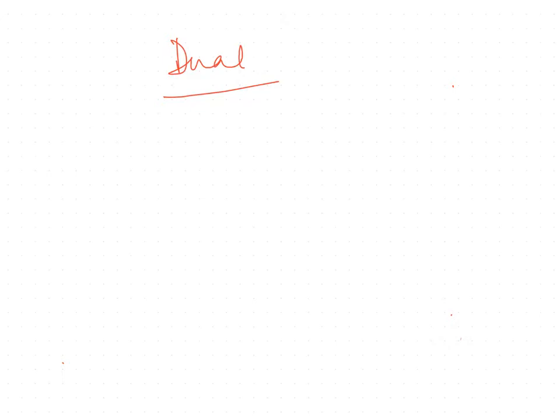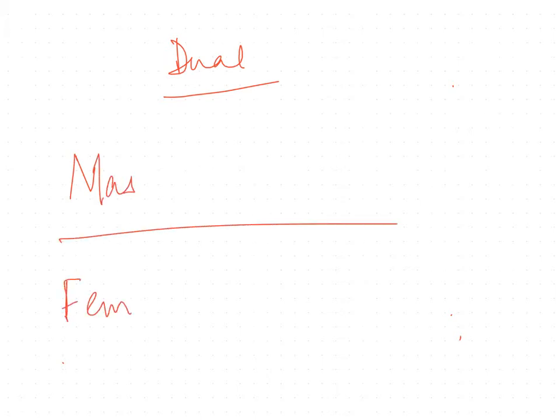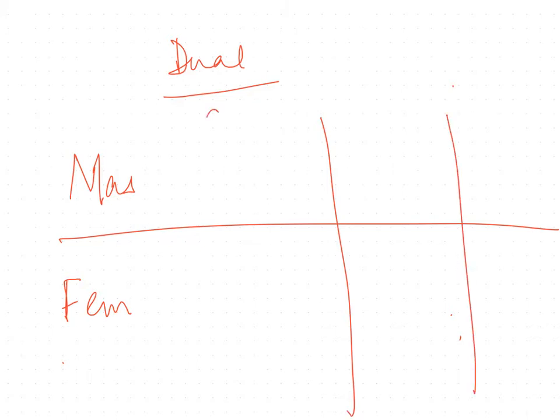All right. At the end of the day, now let's break it down. Masculine, feminine, this is singular, this is plural, and this is dual. Maybe this dual should not have a break here. Okay, I shall erase that.